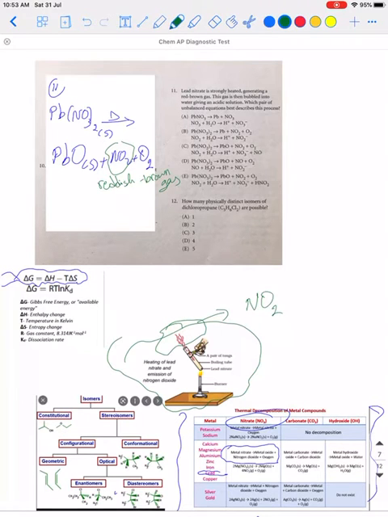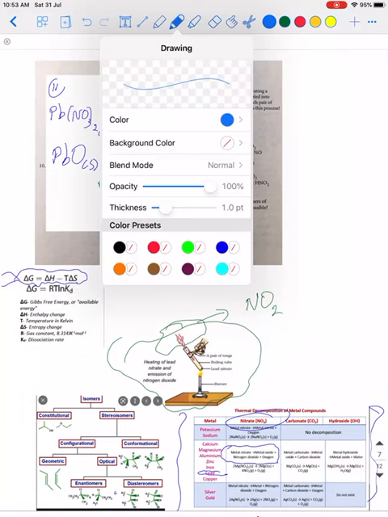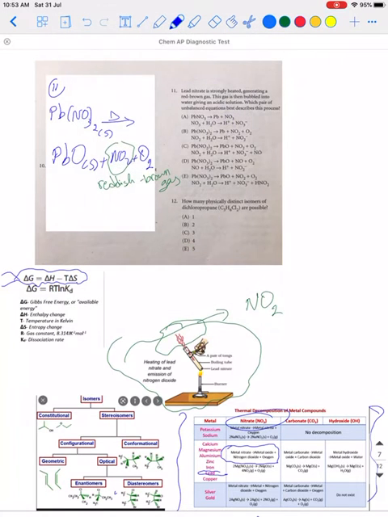This nitrogen dioxide is the gas responsible for acidic rain, because when it's mixed with water, it gives a mixture of nitric acid and nitrous acid, HNO2.